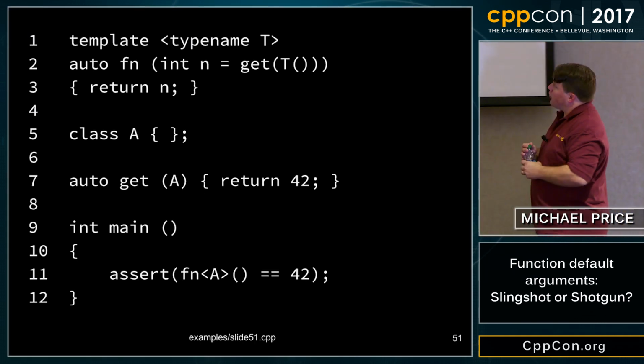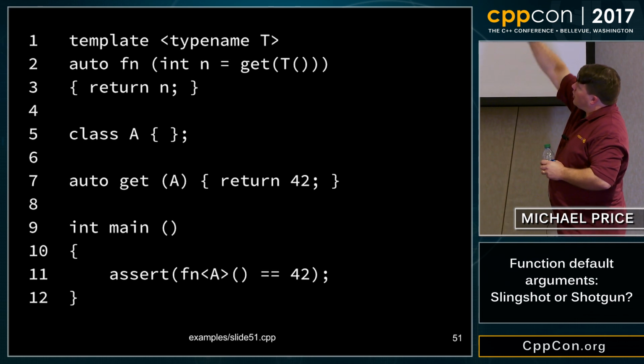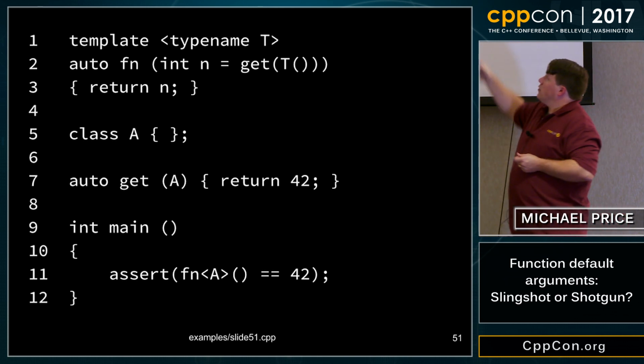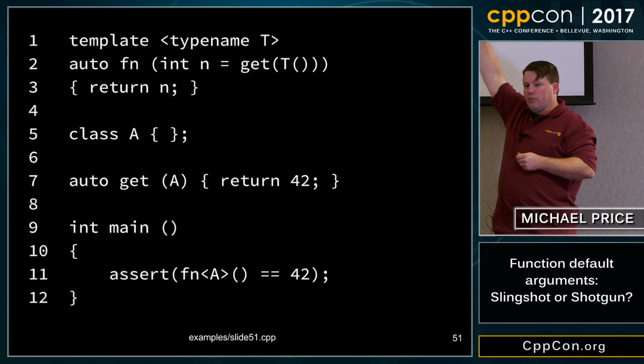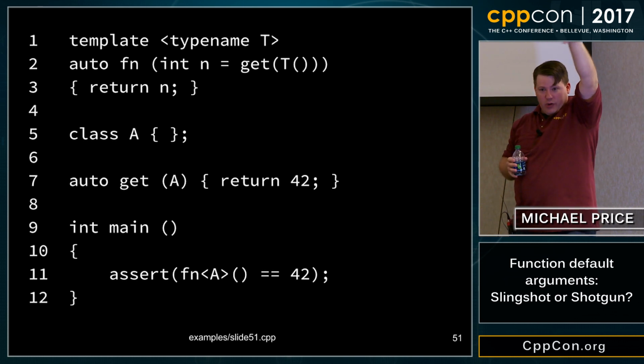Okay, so we've got a template on lines 1, 2, and 3, a function template. Its default argument is a get function that takes t. So that's a dependent expression, right? It depends on the type, the value of the template parameter.